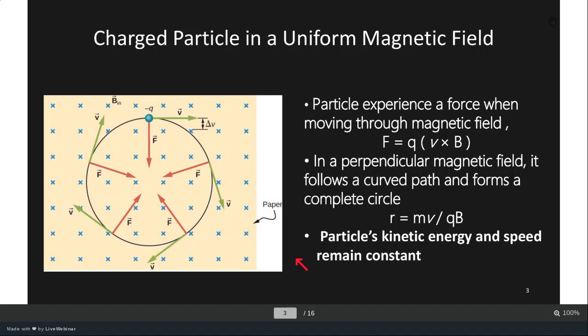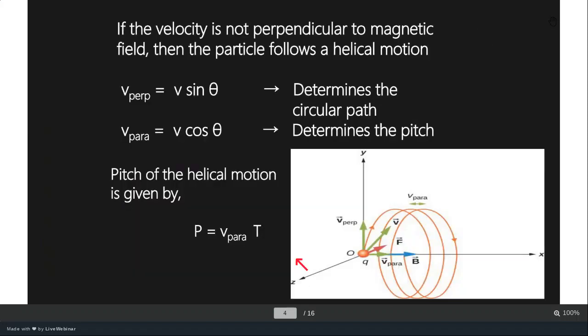So, if the velocity is not perpendicular to the magnetic field, then the particle will follow a helical motion. The velocity component perpendicular to the magnetic field, that is v sin θ, creates a circular motion, whereas the velocity component parallel to the magnetic field, that is v cos θ, moves the particle along a straight line.